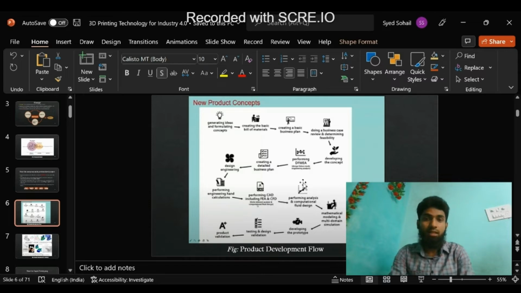Developing the concept, and then you perform DFMEA, design failure mode and effects analysis, and a detailed business plan.